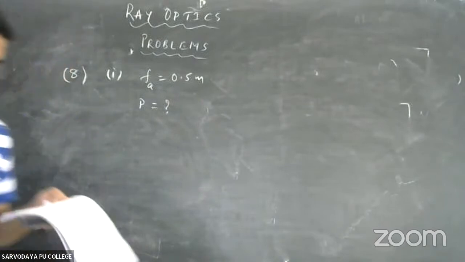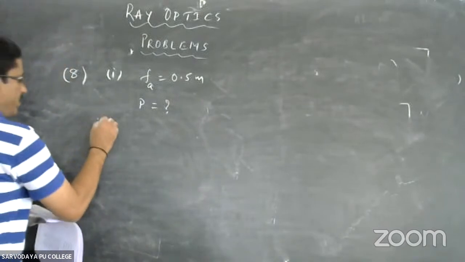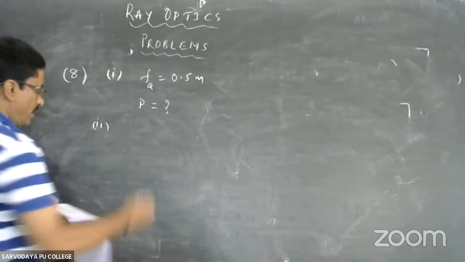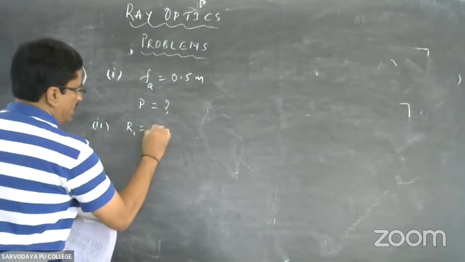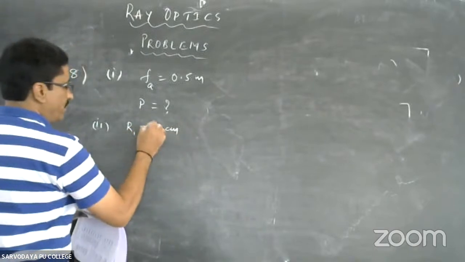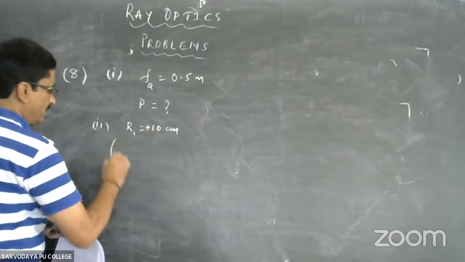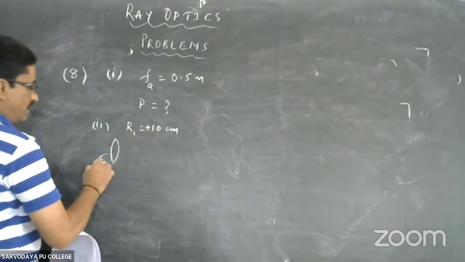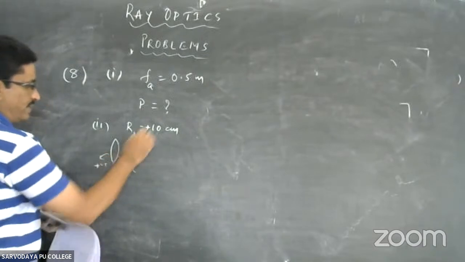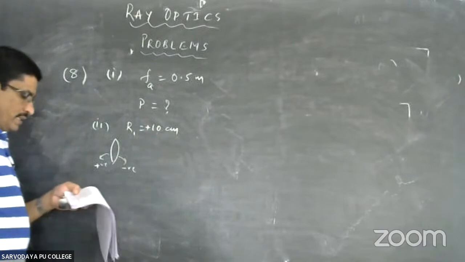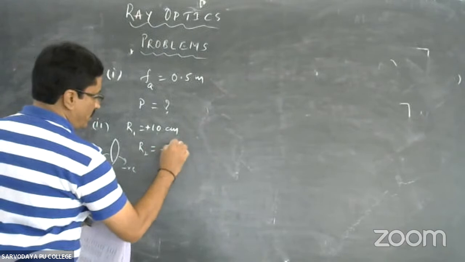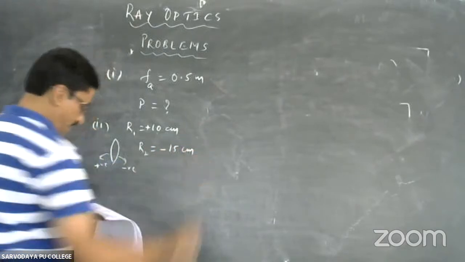The second part: the radius of curvature of the two surfaces of the double convex lens are 10 centimeter, R1, and it has to be positive. Already you know. Second value they are given is 15 centimeter, R2 is equal to minus 15 centimeter.